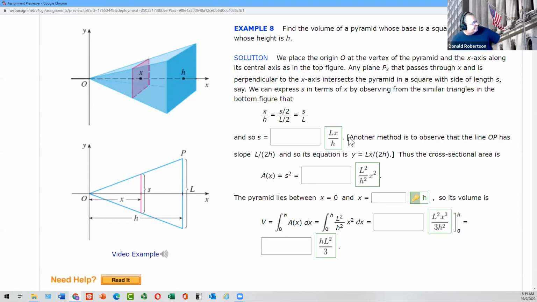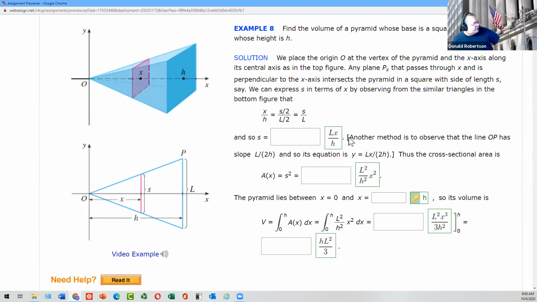So you've got that picture on the left-hand side, and basically what you're trying to do in this story is find the area of that pink square, right? And they say we place the origin O at the vertex, and it's a pyramid, must be a square-base one, passing through the plane perpendicular.